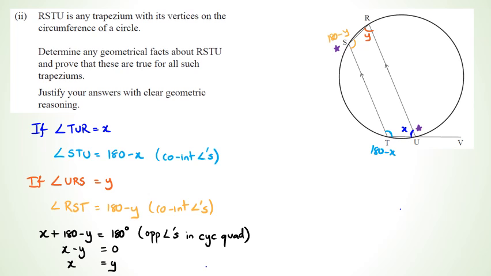So what I've actually proven right now is that if x equals y, then you're dealing with a trapezium that's actually an isosceles trapezium. So we can say that RTSU is an isosceles trapezium, because the two base angles are the same. The other thing that you could also say is that RTSU is symmetrical.